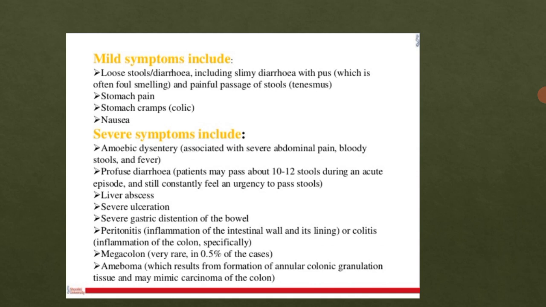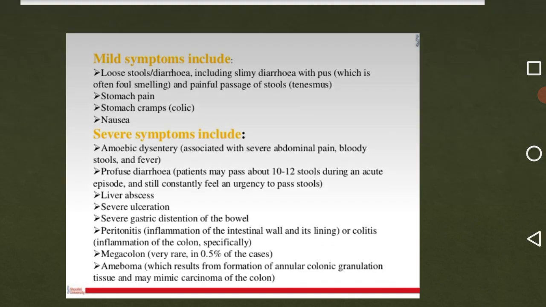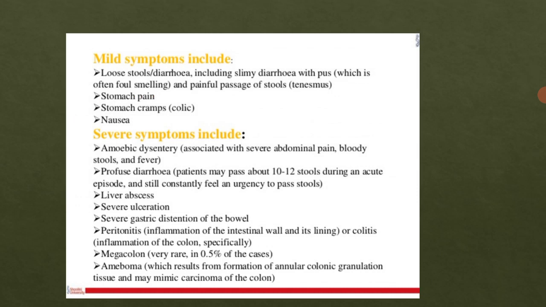The patient may pass about 10 to 12 stools during an acute episode and still constantly feel an urgency to pass stools. Then the profuse diarrhea, then the liver abscesses.